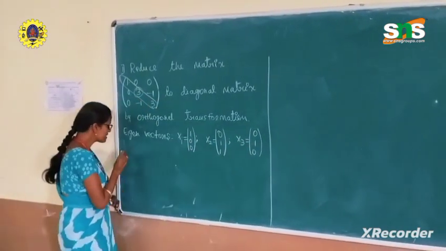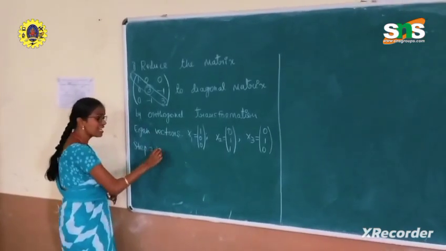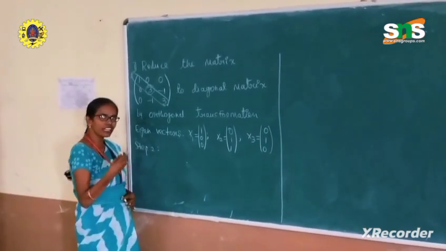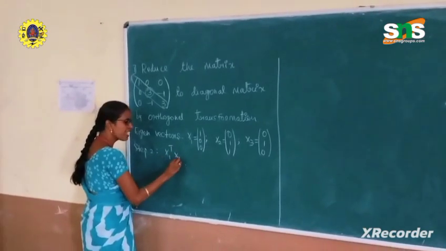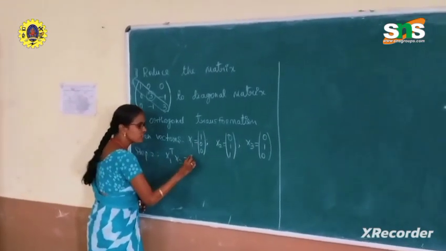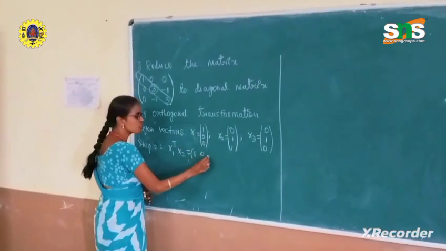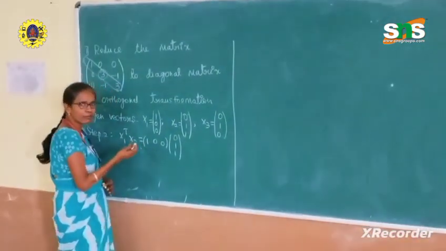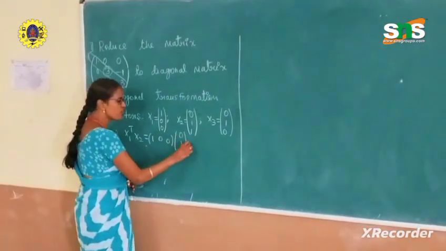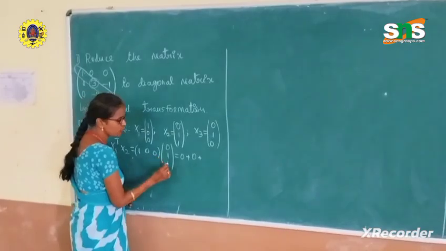For orthogonality the conditions are x1 transpose x2, and so on. x1 transpose means we change the column to a row, so 1 0 0 multiplied by x2, 0 1 1. 1 into 0 is 0, 0 into 1 is 0, and 0 into 1 is 0.